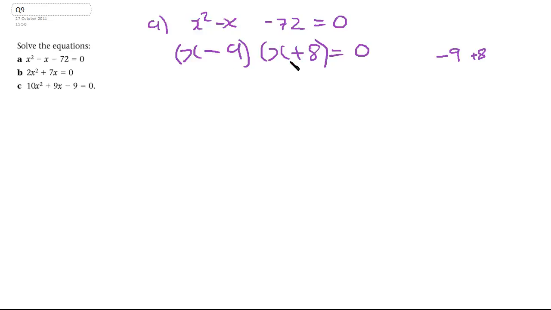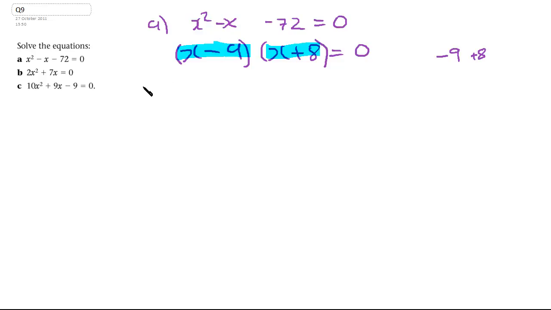Now, if x minus 9 times x plus 8 equals 0, then one of these two things must equal 0, because you can only get 0 when timesing two things together. Effectively, we have got this here times by this. So either this is 0 or this is 0.